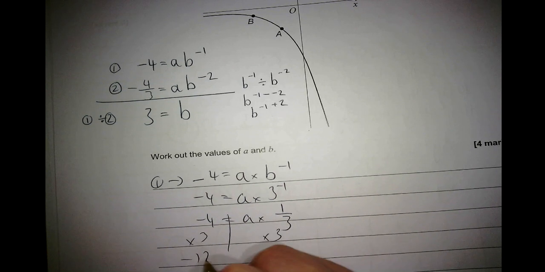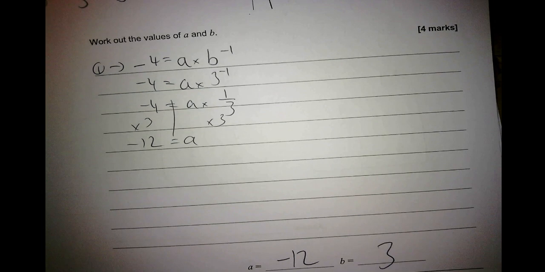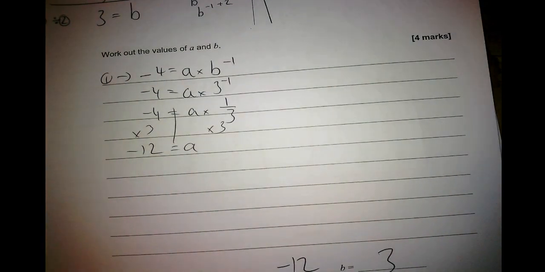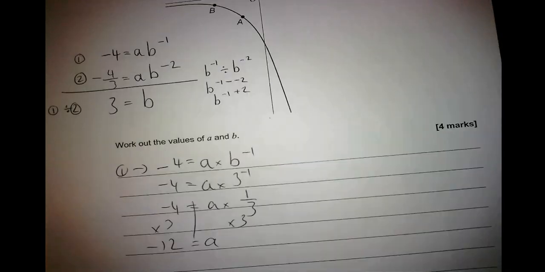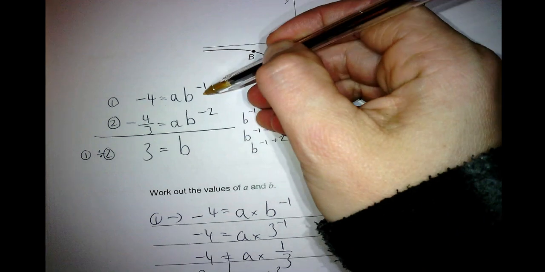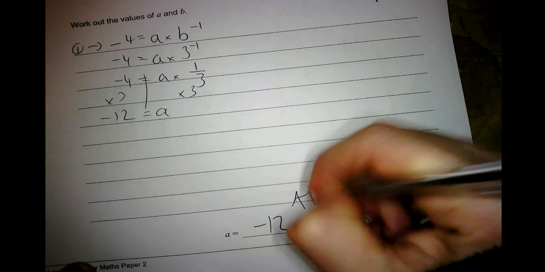So negative 12 is equal to a. You would get 1 mark for either of these equations and 2 marks for both of these equations, and then 1 mark for each of A and B.